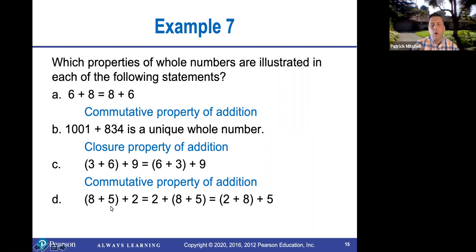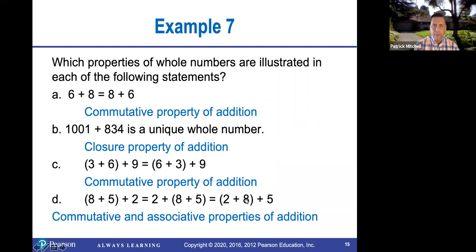Well, the first equality is the commutative property. All they've done is switch the 8 plus 5 and the 2. So they have not moved any parentheses around. So that one is commutative property. However, the second one, they've left the numbers 2, 8, and 5 in the same order, and they just moved the parentheses to be around 2 plus 8. That one is associative. So this is actually both commutative and associative.